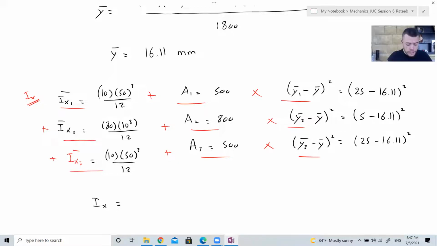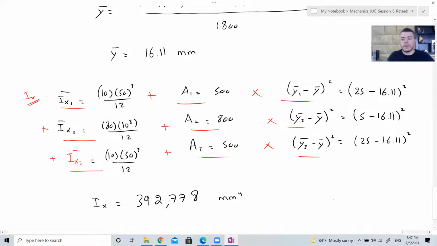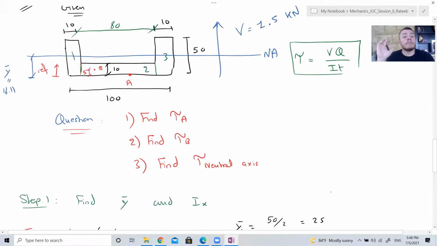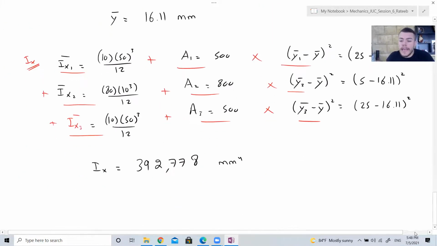So if you do the calculations, Ix comes out to 392,778 millimeter to the power 4. Okay, we found Ix. Now, to find tau at this point, which is point A.